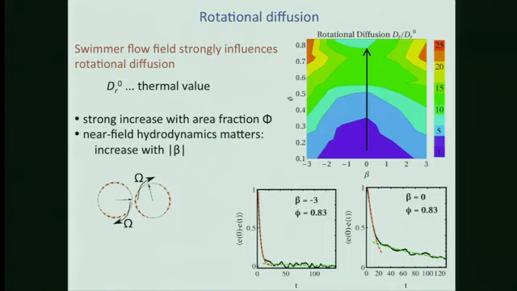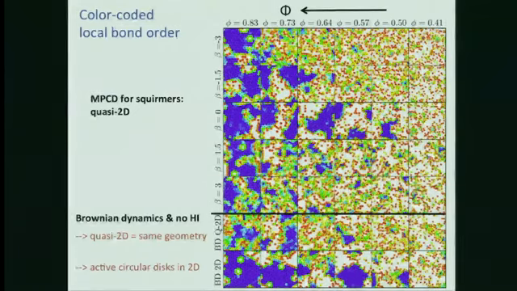So let me give you another aspect. This is what you already saw here, and in addition, Andreas also did simple Brownian dynamics simulations, no hydrodynamic interactions. Here in the lower line, he just took circular disks in 2D, no hydrodynamic interactions, just some sort of a hardcore repulsion. And then this is our geometry, the two-plate geometry.